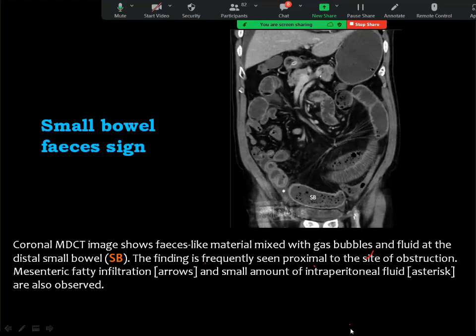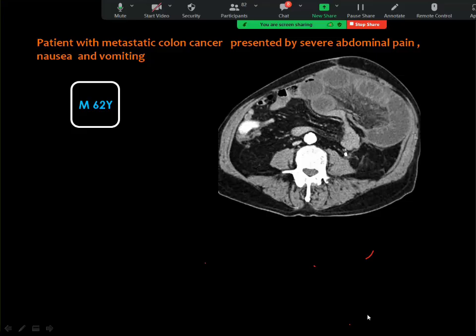But in small bowel obstruction, you got some stagnation of the food, and the absorption of water and the development of infection or something like this. Then you got a loop which looks like the colon, and this is known as the small bowel feces sign, which is one of the signs of intestinal obstruction.